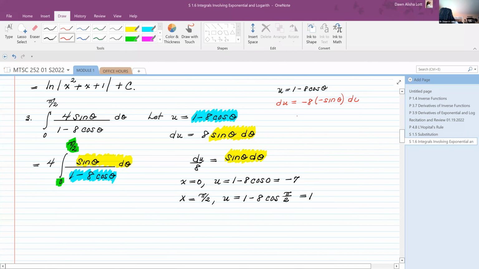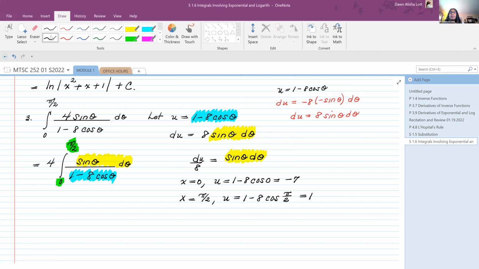So I get du is equal to 8, negative negative gives me 8 sine of theta d theta. Oh, okay, I get it now. That's good, Peyton. Okay. All right. Anybody else have an issue with a step? Everybody seems okay with the step.